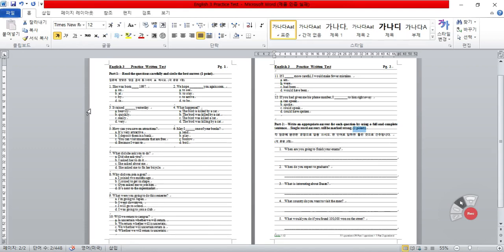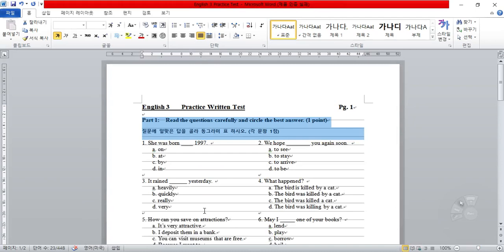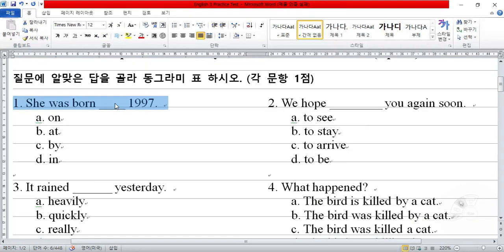Okay, now for the part 1 questions, as it says, read the questions carefully and circle the best answer. Okay, so you're given a question or maybe a sentence, and you're given 4 choices. Okay, 4 possible answers.